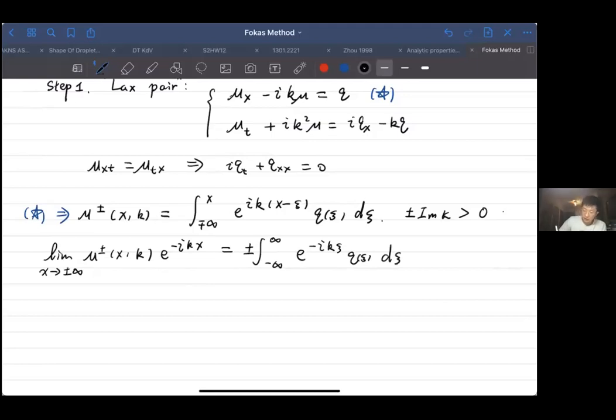So this is exactly the Fourier transform, basically, the Fourier transform of the initial data. So, okay, let's put the 0 here. It's true for any t, but let's denote this by alpha k.